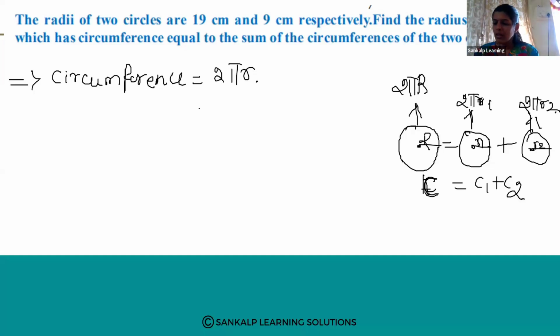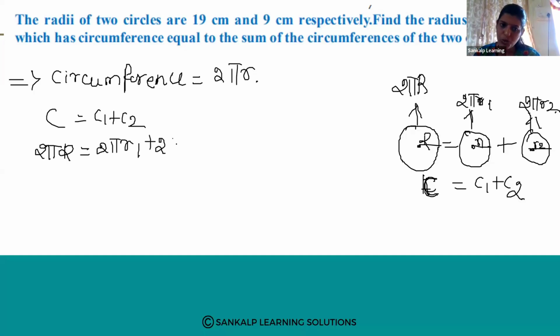Okay. Now, when these two are equal, how are you going to write? C is equal to C1 plus C2, write it like that. Okay. So you will not be confused. C is 2 pi R. Right. And C1 is 2 pi R1 and C2 is 2 pi R2. Right.